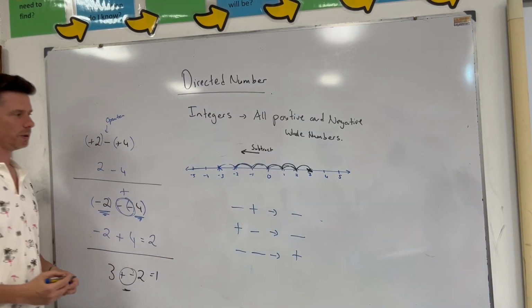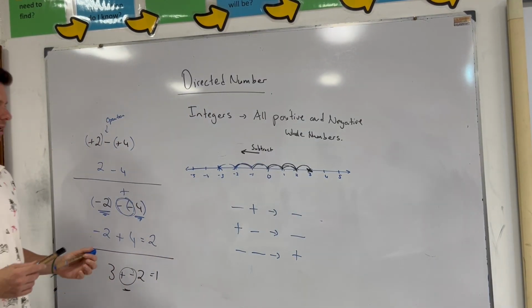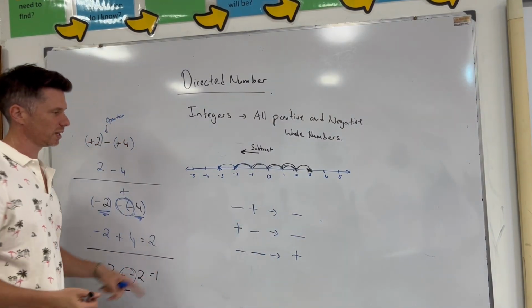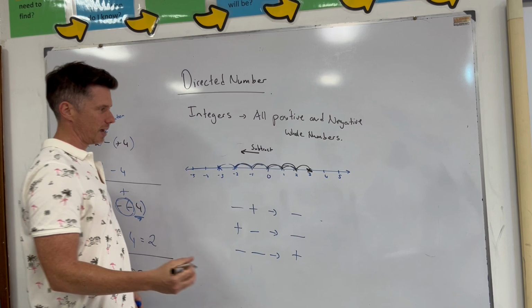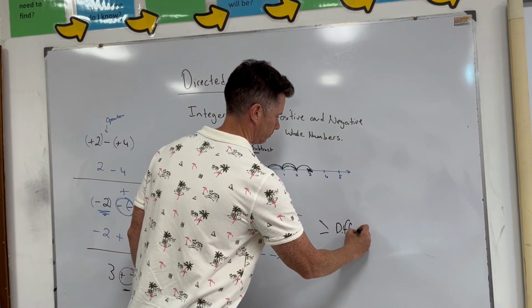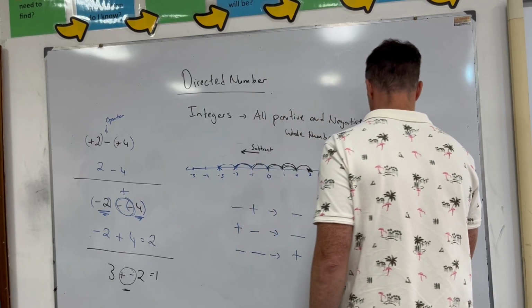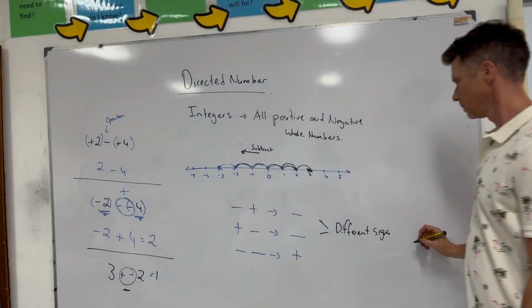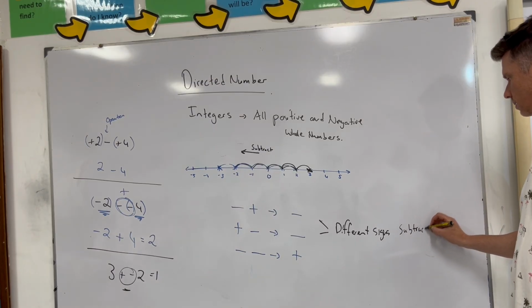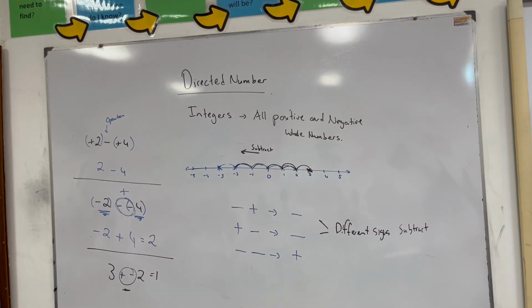So maybe put that in our notes when I'm adding or subtracting. If the signs are different, I subtract. If the signs are the same, I add. Different signs, you subtract. You combine them into one subtraction.